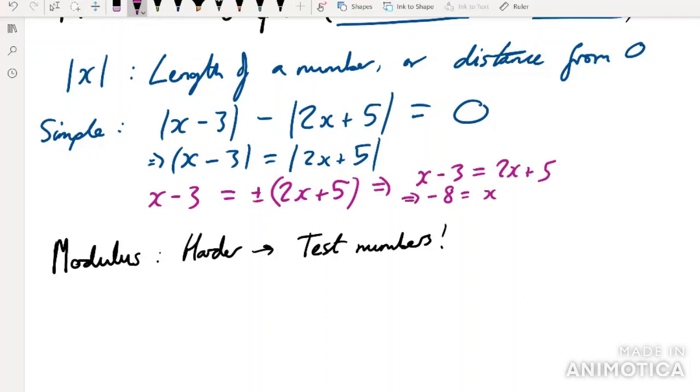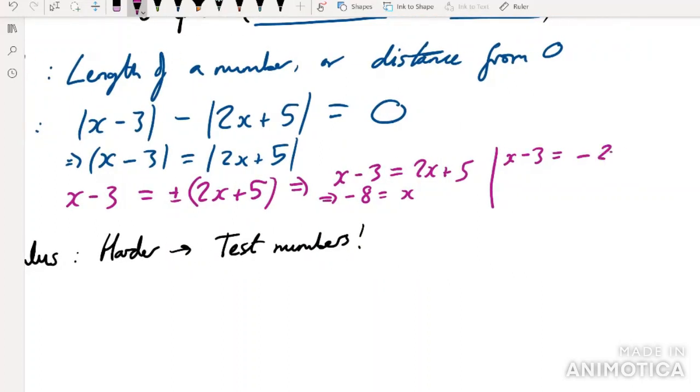And then the alternative answer, the second answer: x minus 3 equals minus (2x plus 5). Be careful, that's going to give us minus 2x minus 5. So that gives us 3x equals minus 2, and so x equals minus 2 over 3. Okay, and that's how to deal with simple moduluses.